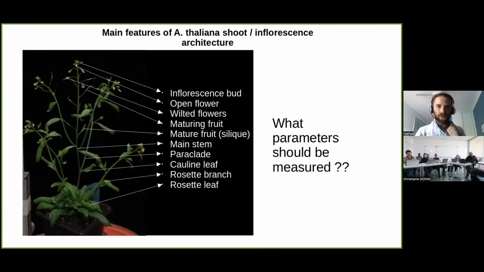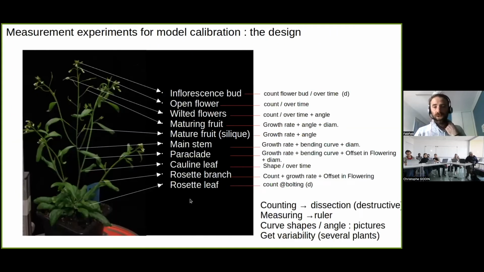And so we derived a lot of different measures that we could do on these different parts of the inflorescence. It mixes macroscopic and microscopic measures, because one of the questions here is, in the inflorescence bud, you've got many different flowers, and the idea was to have an estimate of how many flowers you have here. As you've seen, all these flowers depend on an organogenesis event from the apical meristem.